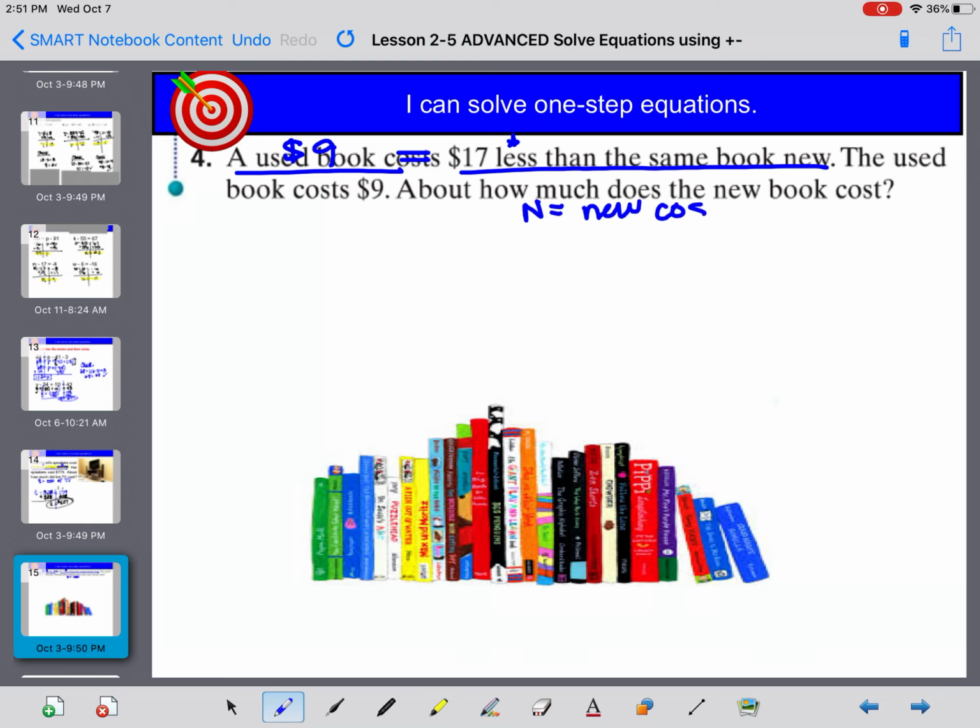So if I use N to equal the new book cost, I'm going to cross this off and call it N. So $9 is equal to $17 less than N. $9 equals N minus 17.